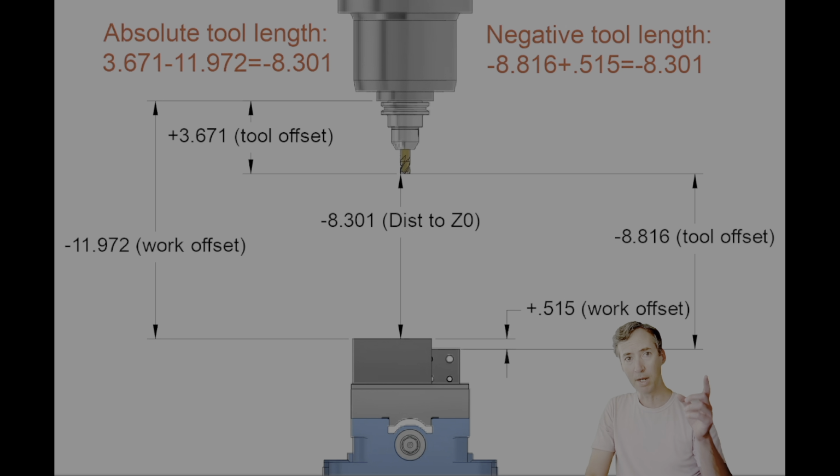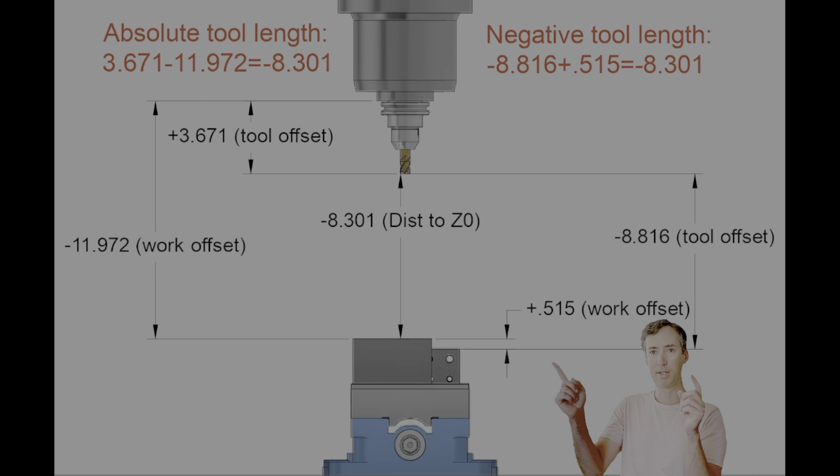On the right, we have our negative tool length, where we have a big negative number for our tool offset to our reference location, and then a smaller work offset that's going to make up the difference. Notice how both of these add up to negative 8.301. It's the same exact number.